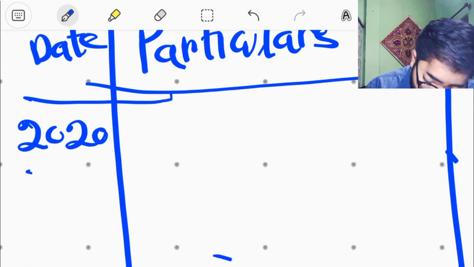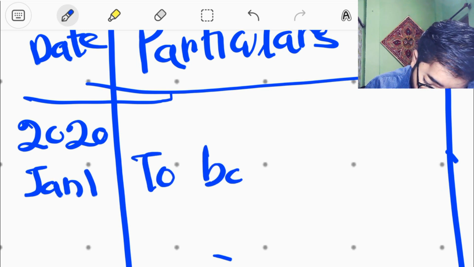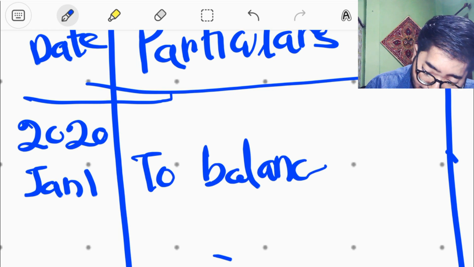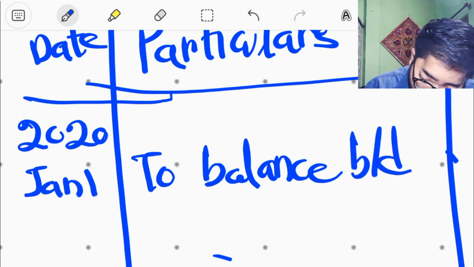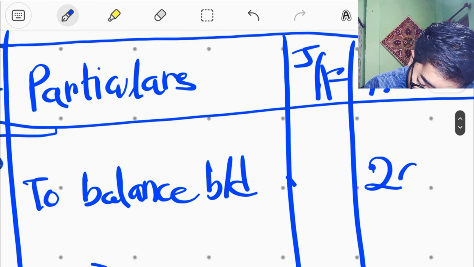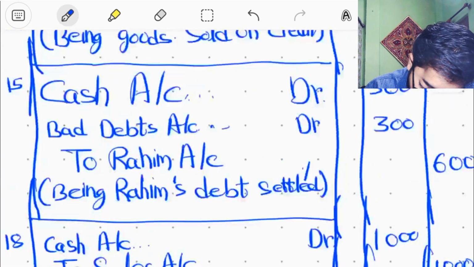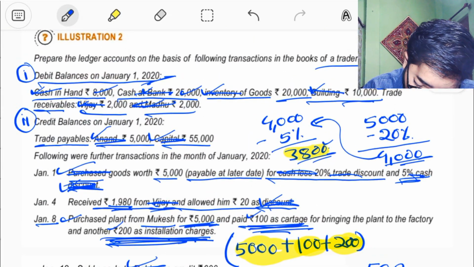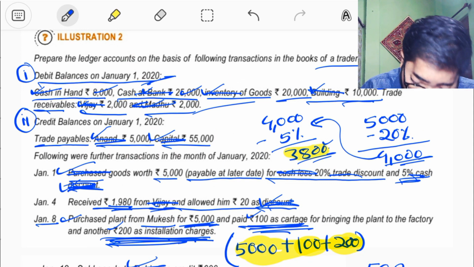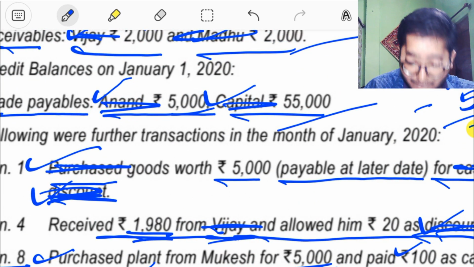Madhu opening date to balance BD 2,000. 2,000 is the amount. So done. Now trade payable for Anand 5,000 and capital 55,000.